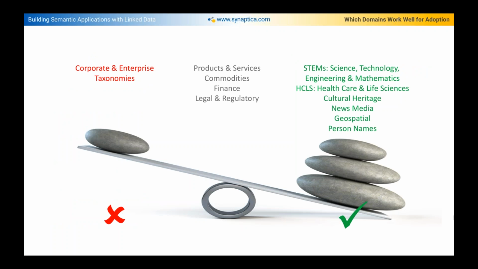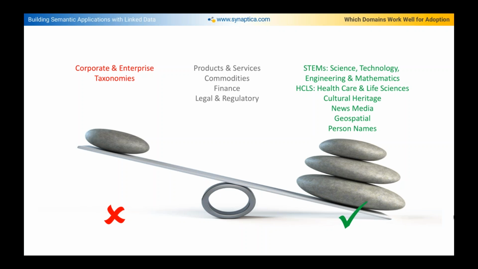Stepping aside from the art use case that I'm using today, if you were trying to think about what that means for me in my enterprise, my organization, I'm not going to say that there's linked data for every application available. Domains that tend to work well for adoption are hard sciences and also cultural heritage resources.